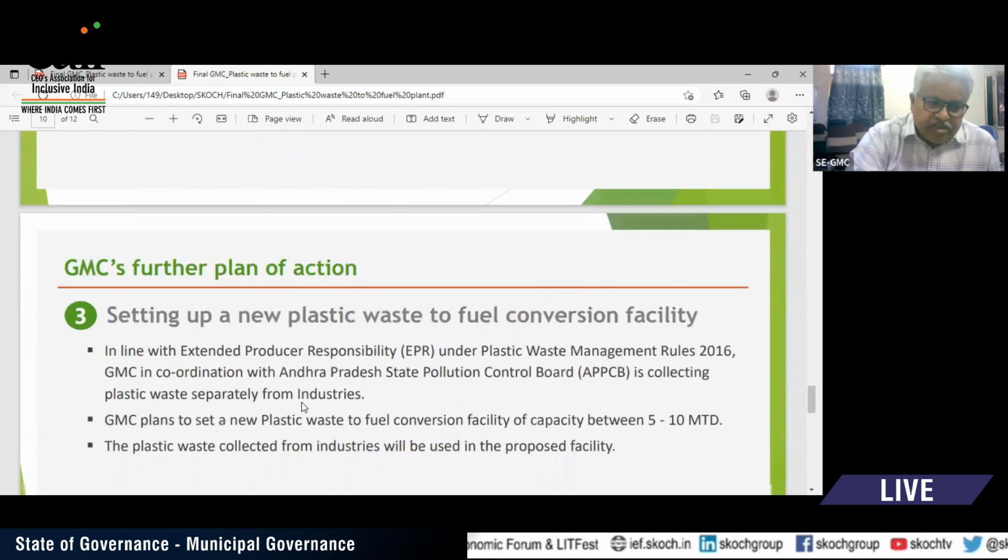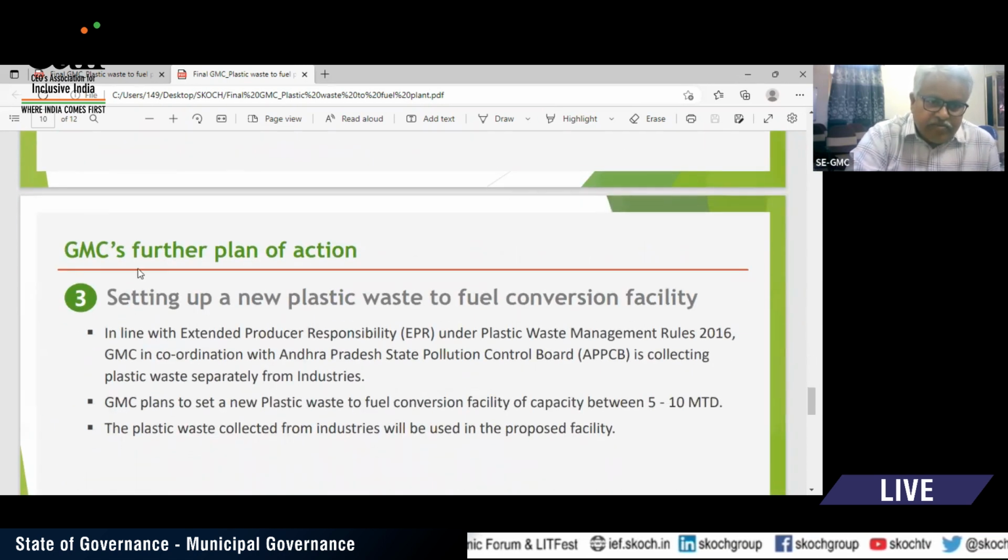Sir, our further plan of action: we are setting up a new plastic waste to fuel conversion facility in line with extended producer responsibility and the plastic waste management rules, GMC in coordination with the state pollution control board.